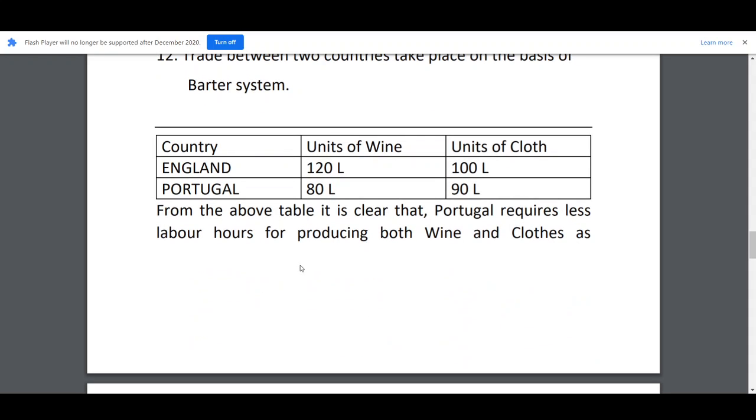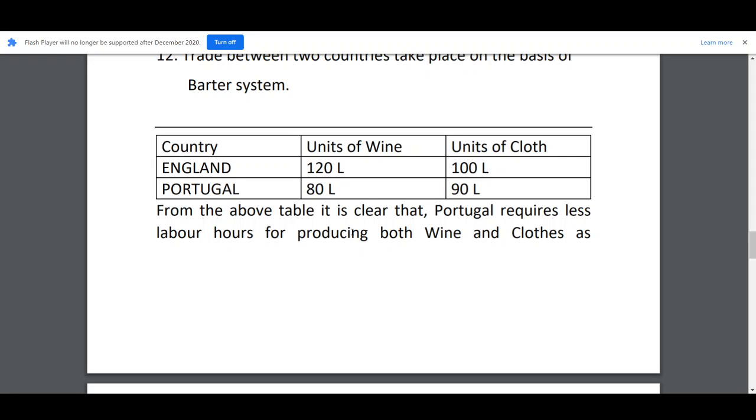Now in Portugal, in order to produce units of wine, they require 80 labor hours, and in the case of cloth 90 labor hours.